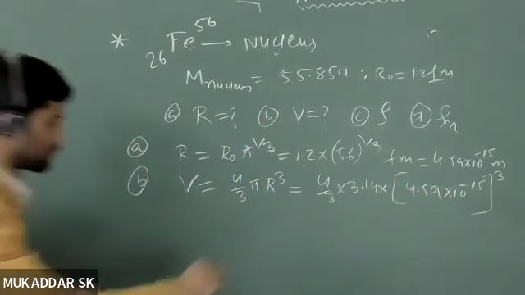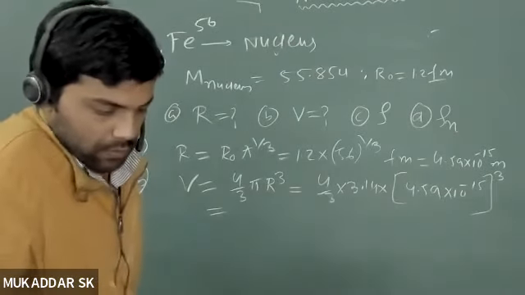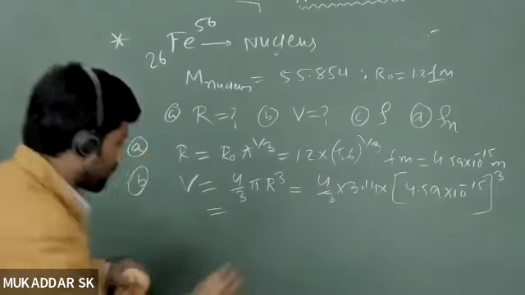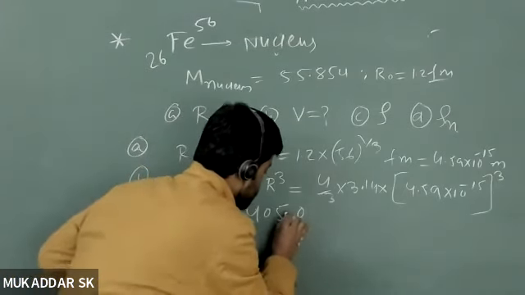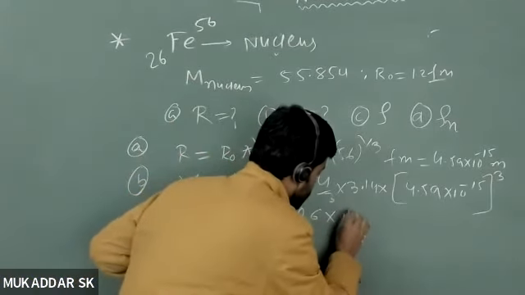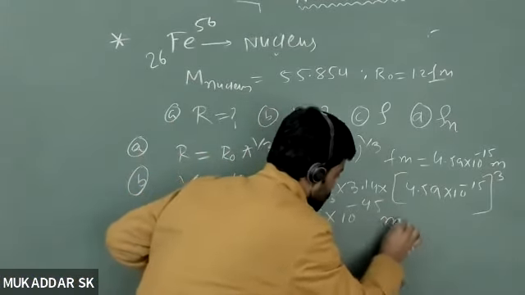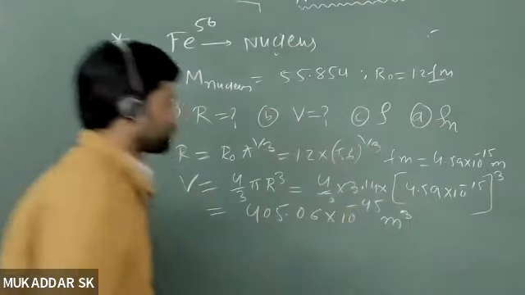Okay, we calculate, how much is it coming? Anyone can tell me? 405.06 into 10 to the power minus 45. Very good. 405.06 into 10 to the power minus 45 meter cube. Is this clear?